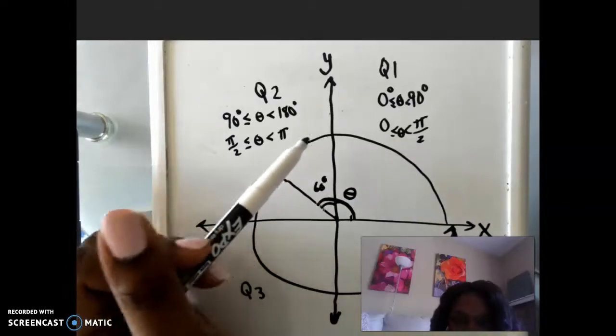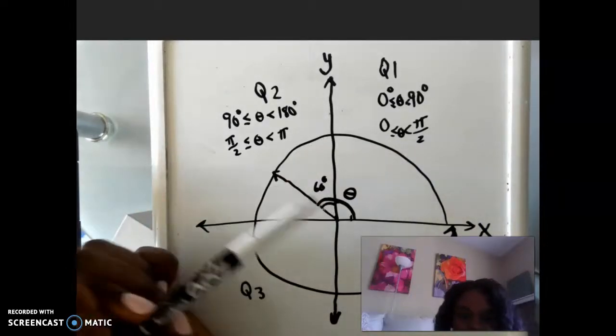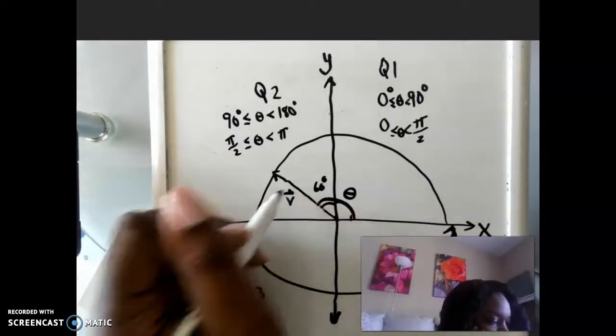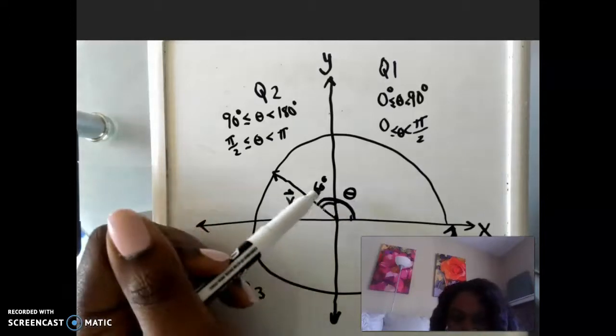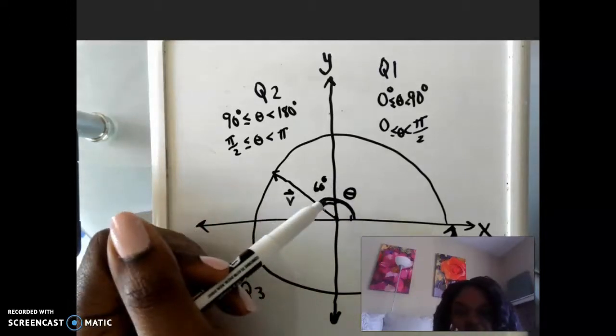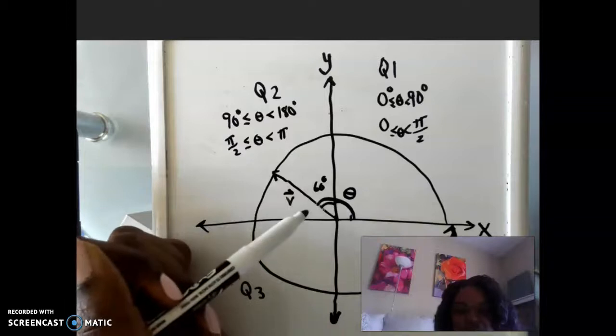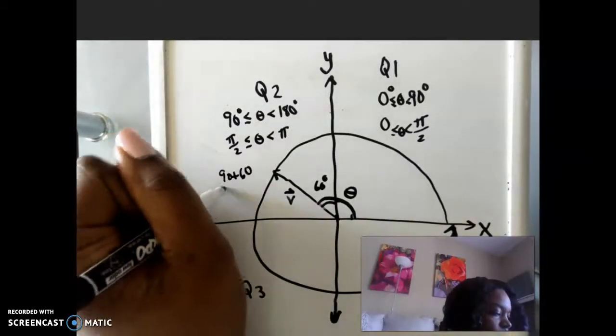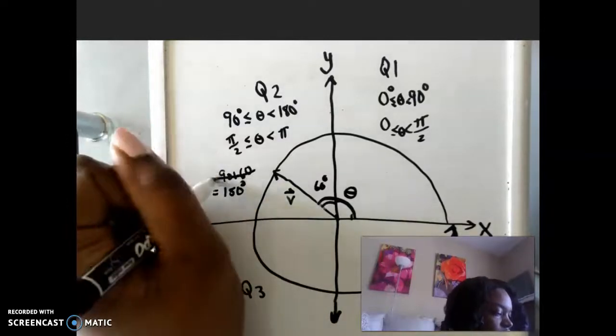And then I would have to go that additional 60 degrees to get to the vector here, let's call it vector V. So I have to remember to take 90 plus 60 to get this actual angle. So 90 plus 60 equals 150 degrees.